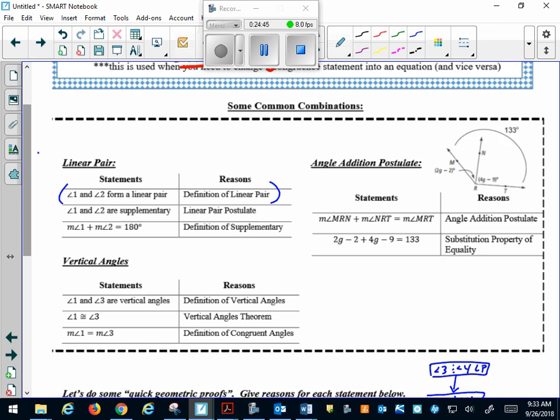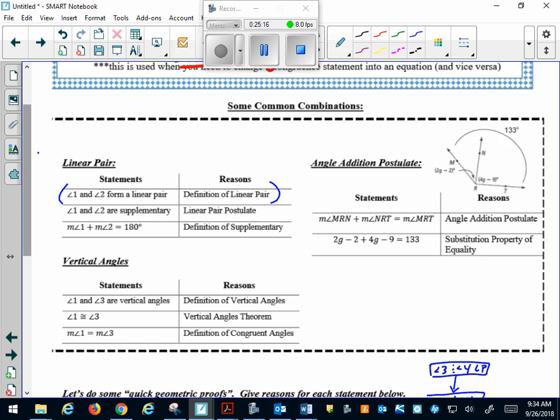Okay? And this is a common combination also. When you have the angle addition postulate, you really need to use the names of the angles, all three of them. So like we did in that last one, angle 8 plus angle 9 equals angle ABC. Here, measure of angle MRN plus measure of angle NRT equals the measure of angle MRT. You have to use all of those names of the angles first. That's the angle addition postulate.